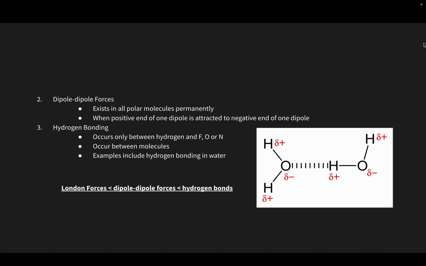And here you can see on the bottom the strengths of every bond, and London forces are considered the weakest. Next, dipole-dipole forces, and then hydrogen bonds. So let's move on. Then metallic bonding.